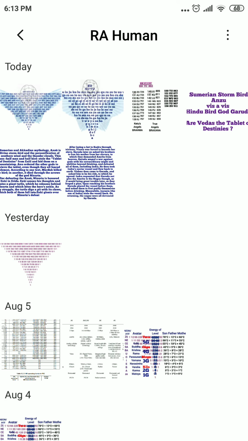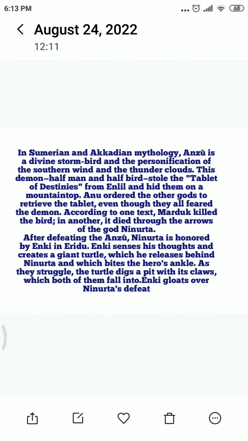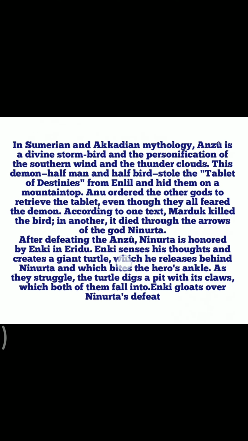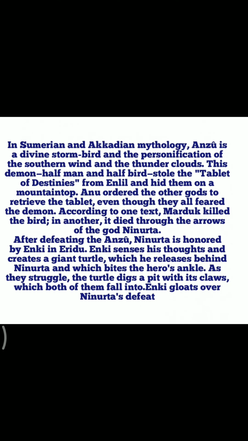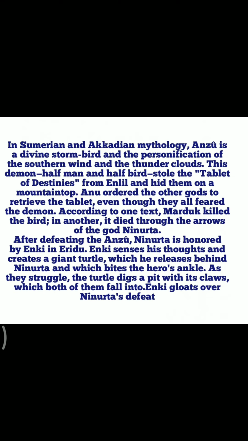So what is so interesting about the ANZU bird? Let us see. In Sumerian and Akkadian mythology, Anzu is a divine storm bird and personification of the southern wind and the thunder clouds.